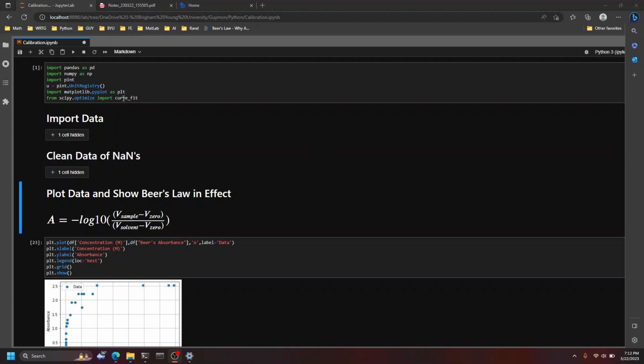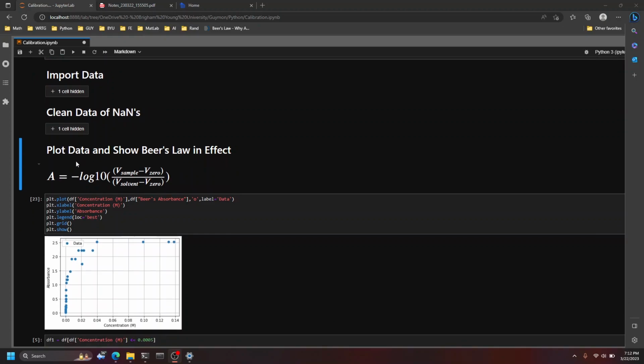So I use the Jupyter notebook to calculate and manipulate the data, in which I import it and clean it up, and then I use this formula here to calculate the absorbance of all the different concentrations of red dye. This V0 is the voltage of the black cuvettes when zero light is being transmitted.